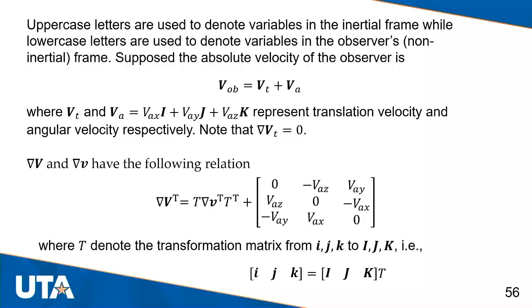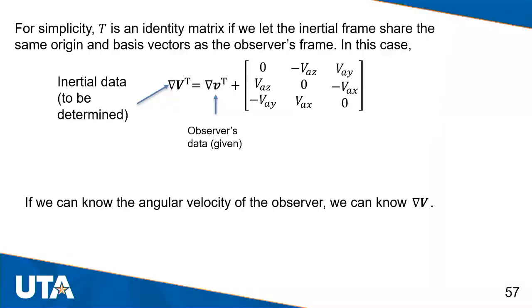Their velocity gradients have this relation. The velocity gradient in the inertial frame is equal to this, and these are the observer's angular speed. Generally we have a transformation matrix T, but since we just need to find the result in any one frame, we can pick a special frame to simplify the process.